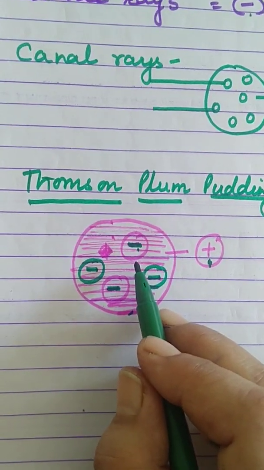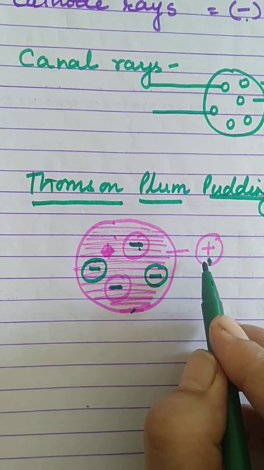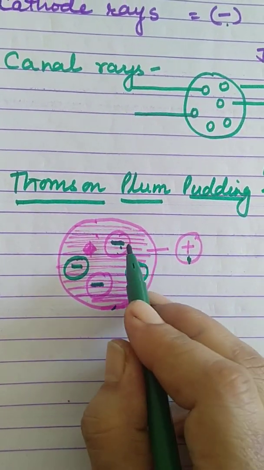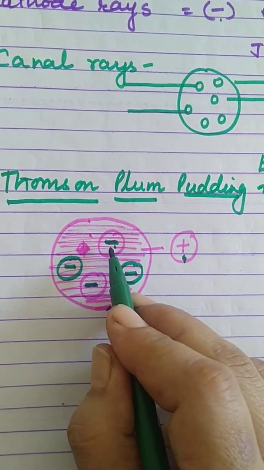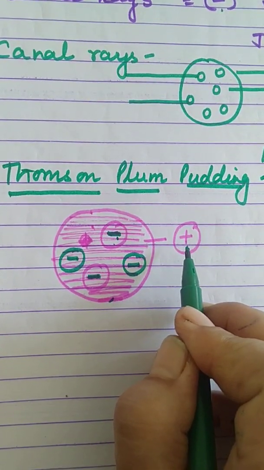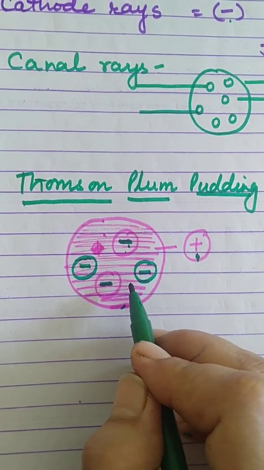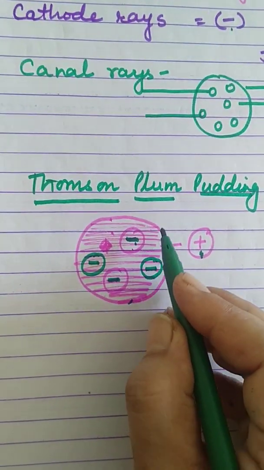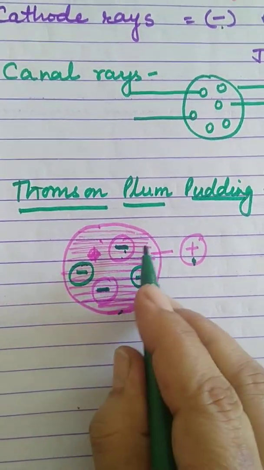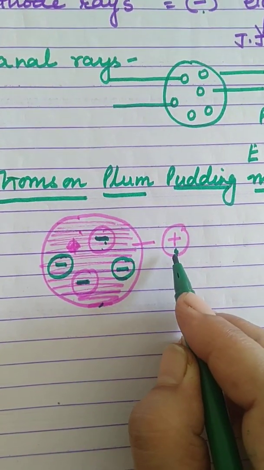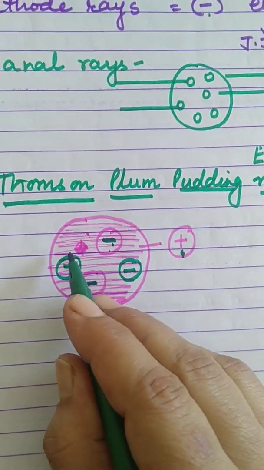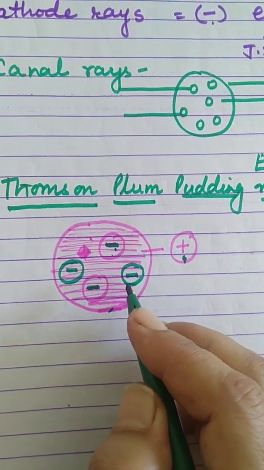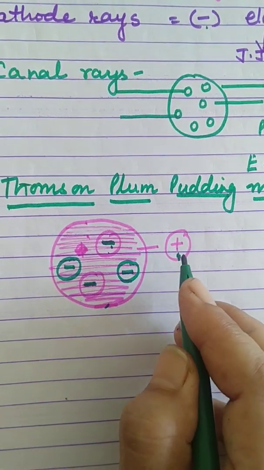Second, he said the negative and positive charge are equal in magnitude, means same number of negative and positive charges. So according to him, the atom was electrically neutral. But students, when you see this model, this whole sphere is of positive charge, and only few electrons were embedded. So how can you explain the stability of an atom?